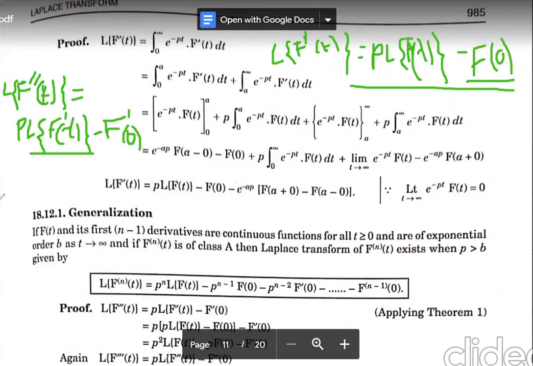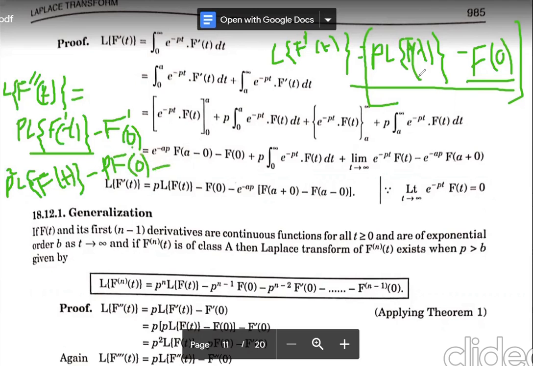So if you put it here, p into this part, that means p into p, p square, times the Laplace transform of f of t, minus p into f of 0, minus f dash 0. So this is the Laplace transform of the second order derivative.